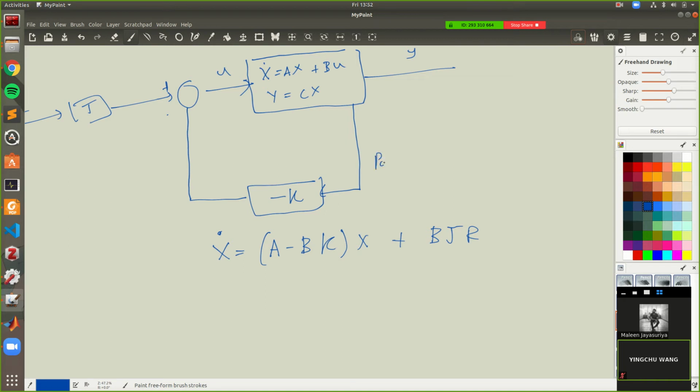So pole placement is really about what k should be for me to get my poles at -3, -4, according to this question.